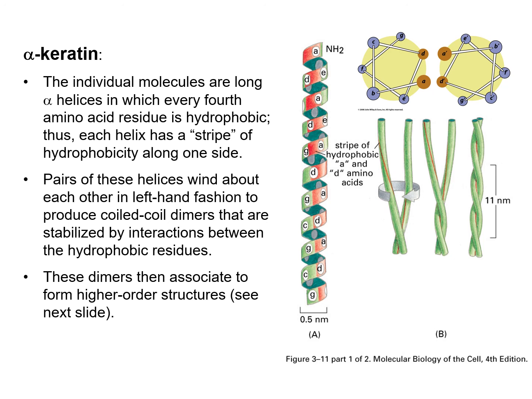They're stabilized by the interactions between the hydrophobic residues. And these dimers then associate to form even higher order structures. So there's going to be a bundling of all these dimers too to make this structure really strong and rigid. So let's move on to the next slide to see that higher order structure.